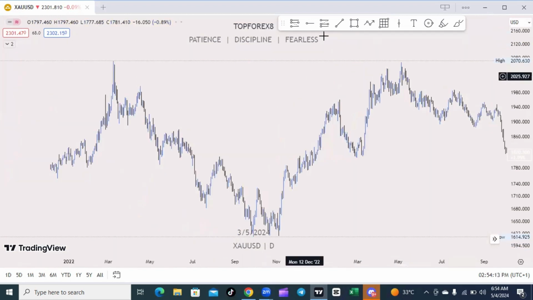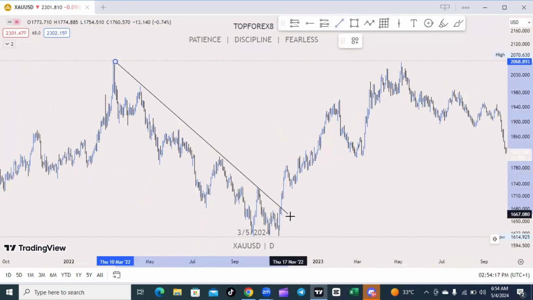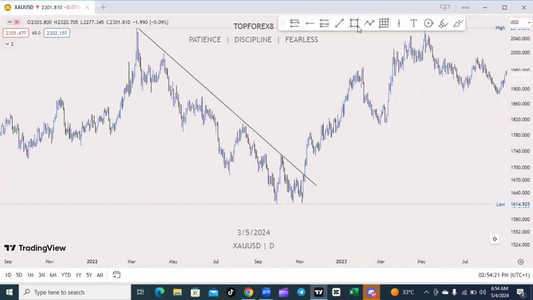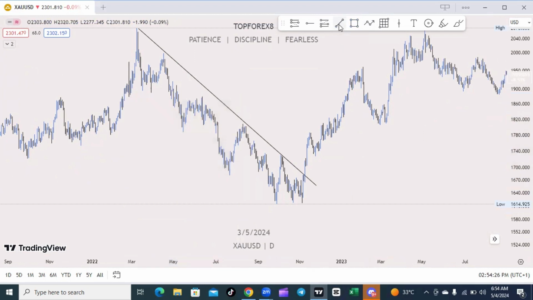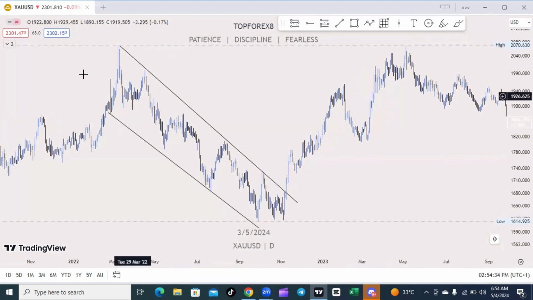Some people will say right now the market was bearish based on trend line, as you can see.